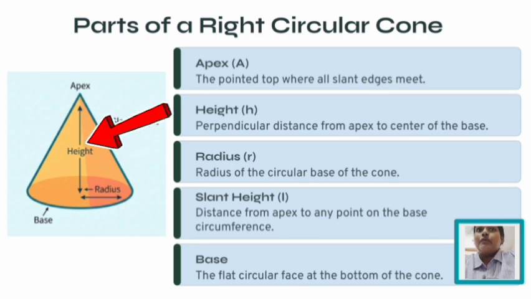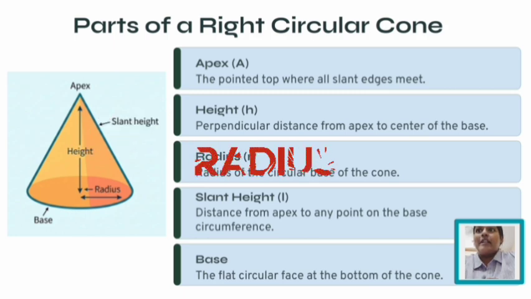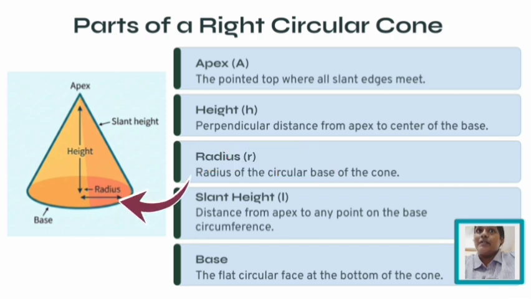This is the straight vertical distance from the apex at the top to the center of the circular base at the bottom. We write it as small letter h. So next one is radius. As we all know, the base of the cone is a circle. The radius is the distance from the center of the circle to its edge. We write it with a small letter r.